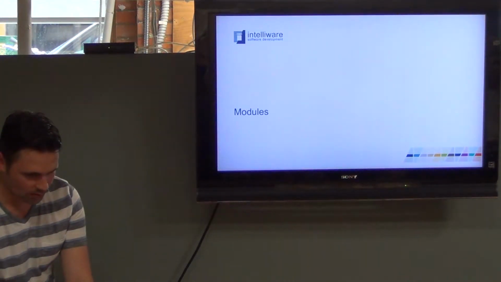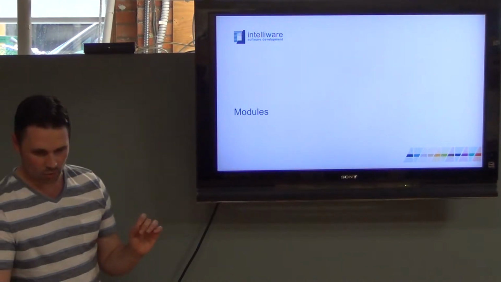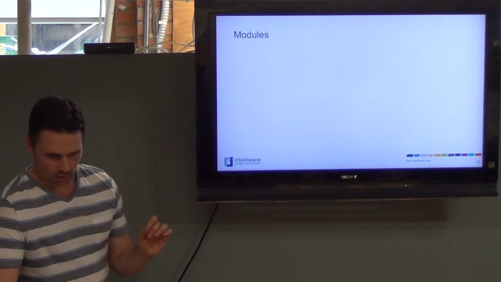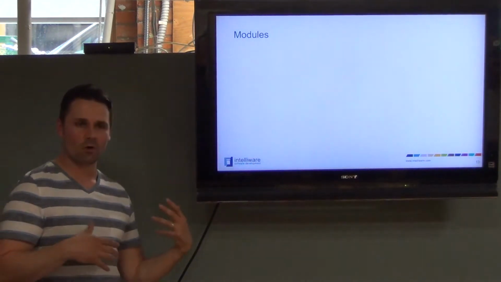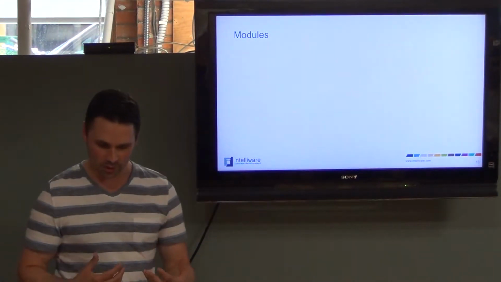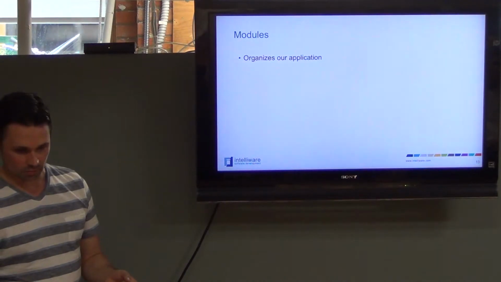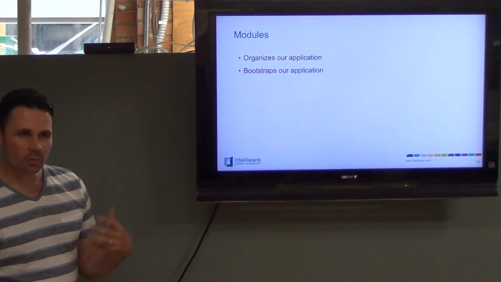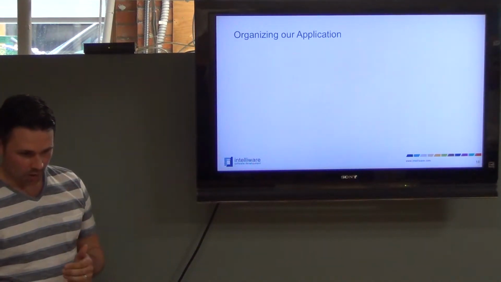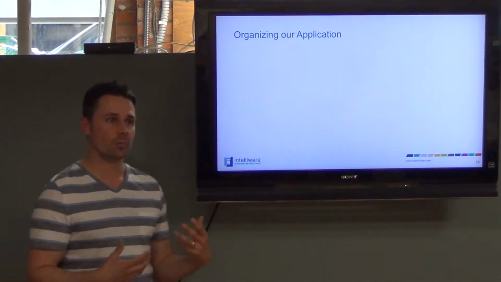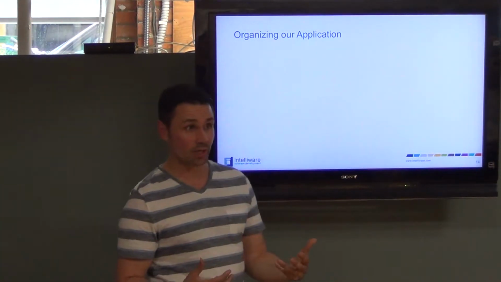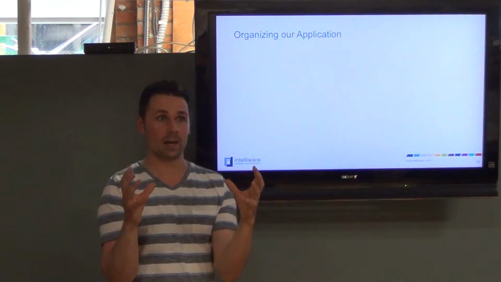So let's now dig a little bit deeper into modules. We talked briefly about how a module is used to bootstrap your application, but it's also useful for organizing our application. The recommendation from the AngularJS team is that you don't just have one big monolithic application.